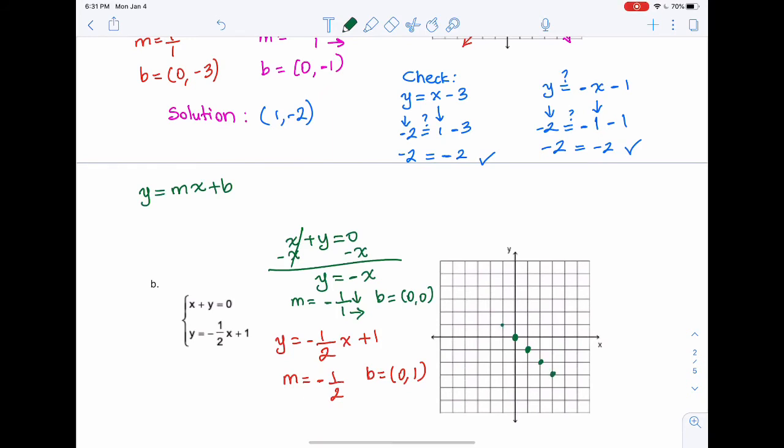And I'm going to do a few more points to make sure I have a nice set of points to connect. Here we go.